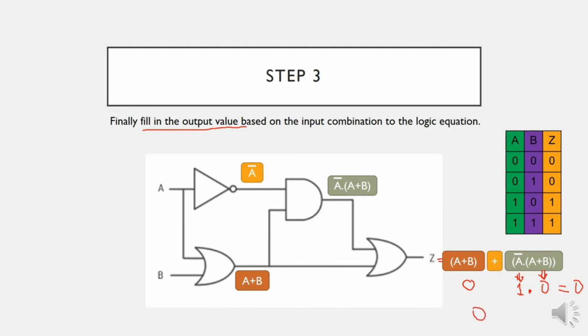So 0 OR 0 is equal to 0. That's why our output here is 0, because both inputs are 0. You have to repeat the process until the end, and then we will have the output values based on these input combinations.